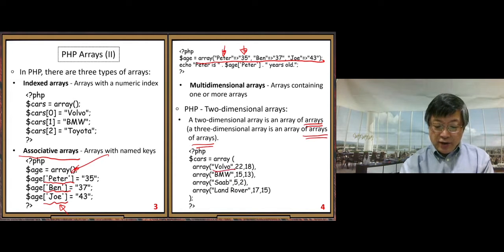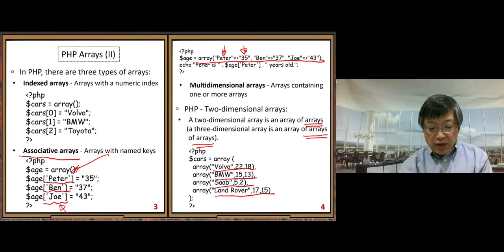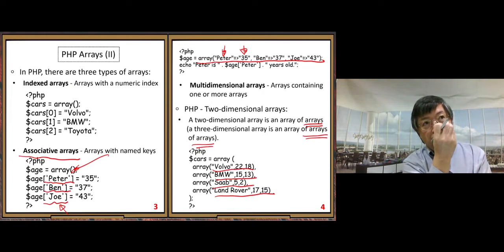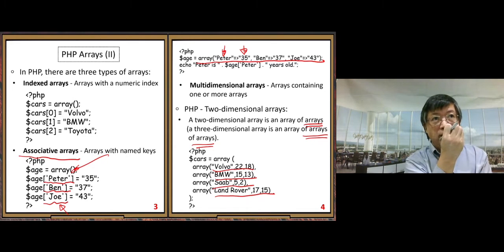The number of elements in each element array is the same, 3.